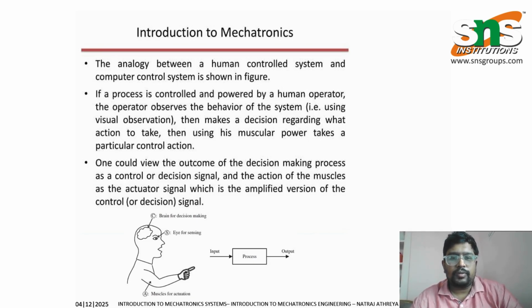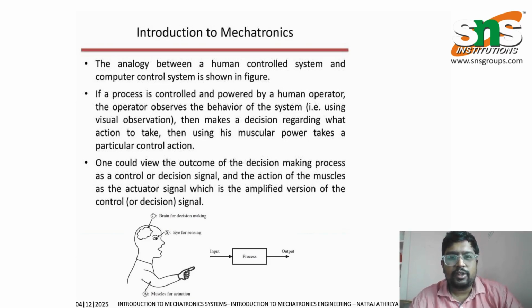One can view the outcome of the decision making process as a control signal or decision signal. In most cases this will be used for feedback to control the input as well, as in how much muscle power is required. Let's say if you want to hold an egg or a flower compared to lifting a heavy weight, the right amount of usage of our muscles, our body as a mechanical system, has to vary based on the output that we have to perform.